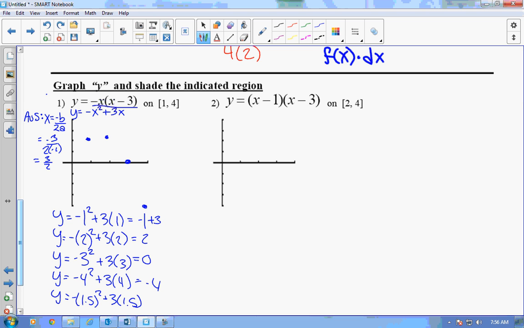I don't know. Someone calculate that for me. What do we get when we plug in 1.5? Negative 9/4. Oh, okay, so that is up here somewhere. And we just need the area from 1 to 4.